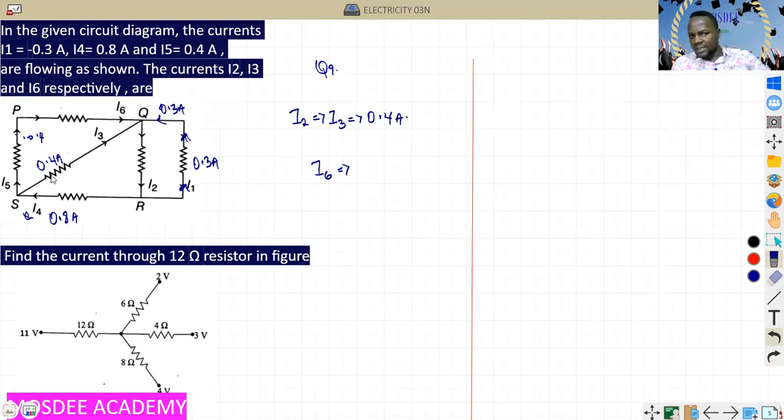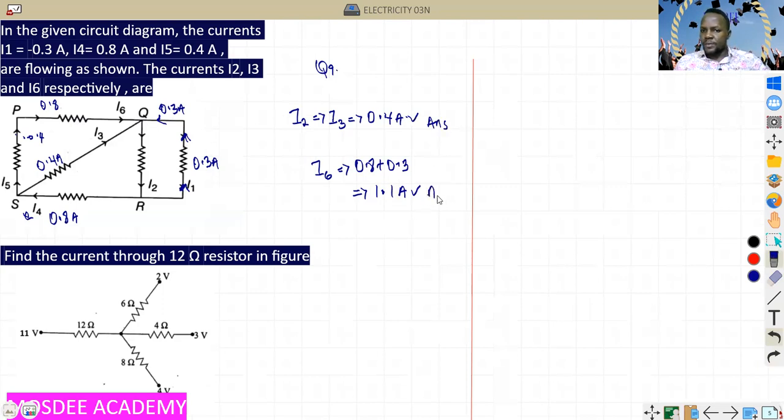Fine. 0.4 enters here, but the total current that is coming here is 0.8, please. So 0.8 is moving, and it continues to move until it reaches where you can see 0.3 is coming backward. The total is now 0.8 plus 0.3, which is 1.1 amperes. So these are the valid answers to the question.